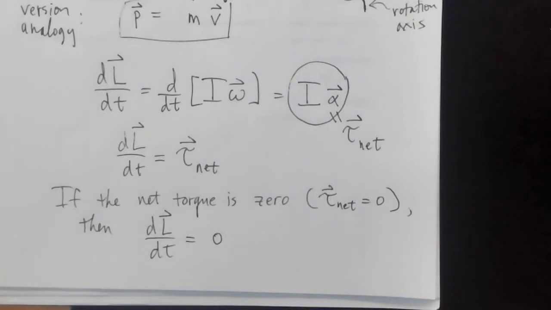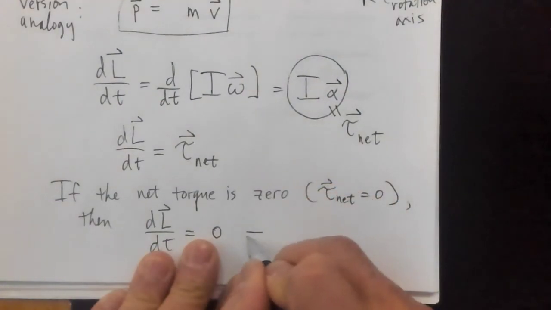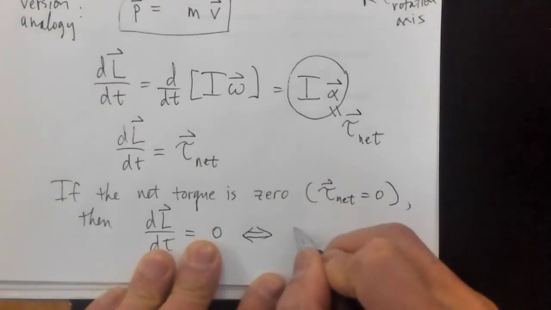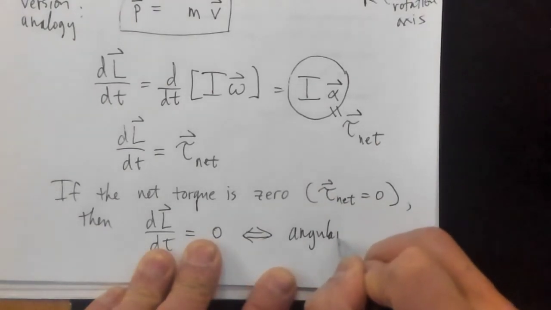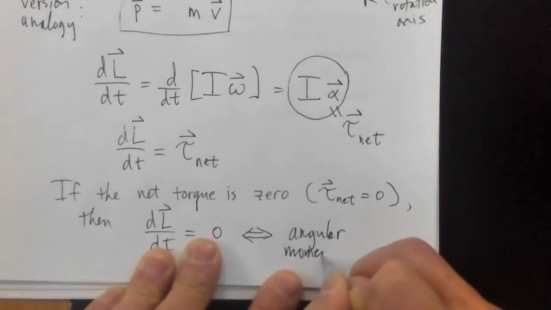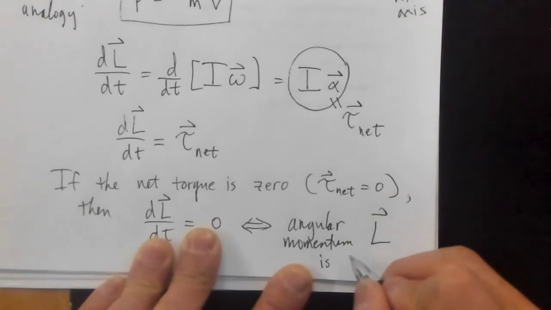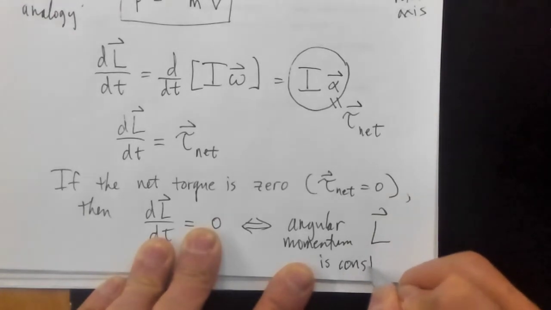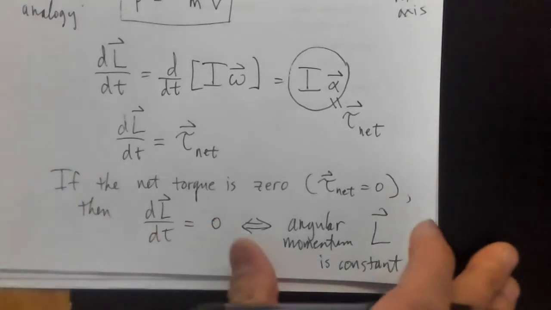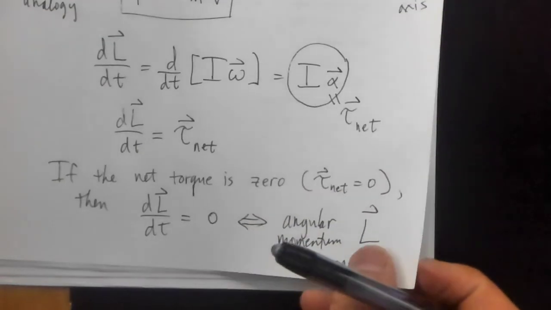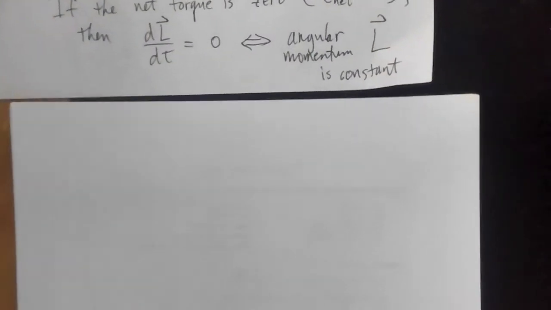If the time derivative of the angular momentum is 0, is it clear that it's not changing? It's a constant. That means angular momentum L is constant. And that's the principle of angular momentum conservation.